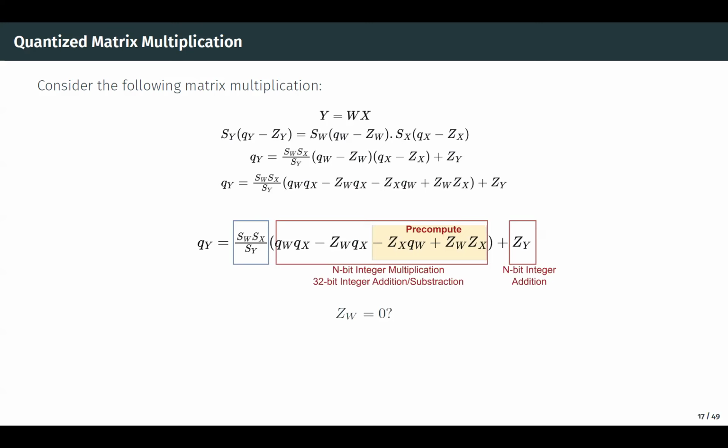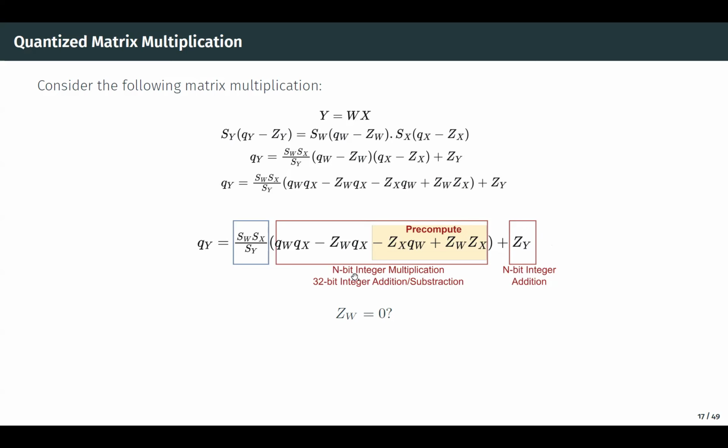Because in the beginning we already know the weights of a neural network, we know the Z of the weights as well as of the inputs. But the output usually changes for every input you give to the model, so we will actually be finding the Z point of the output.